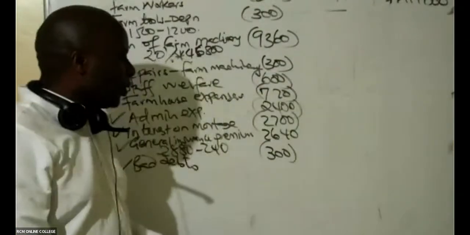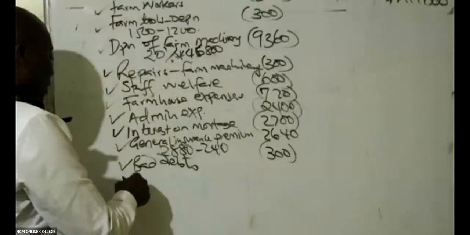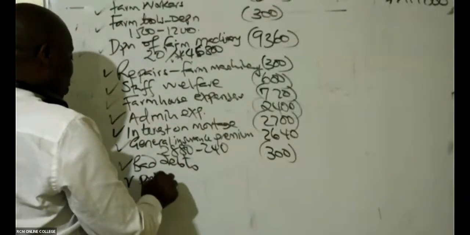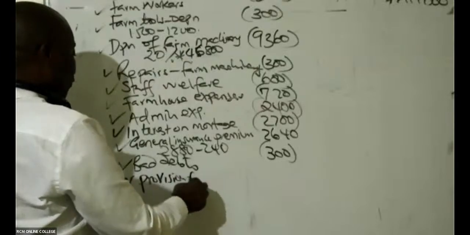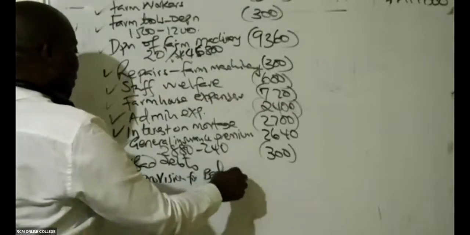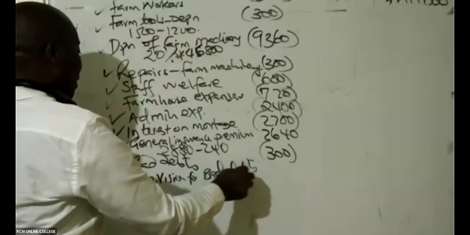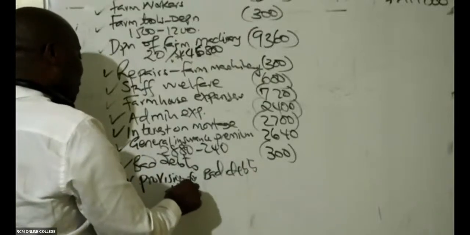So then we have, ladies and gentlemen, bad debts, and your provision for bad debts. They have told us it's 4%.